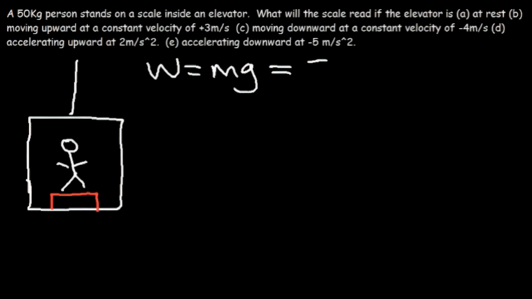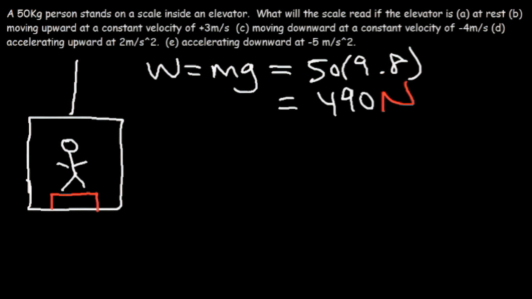So that's going to be 50 times 9.8. And that's going to be 490 newtons. So that's the answer for part A. Now what about part B? When it's moving upward at a constant velocity, what will the scale read?